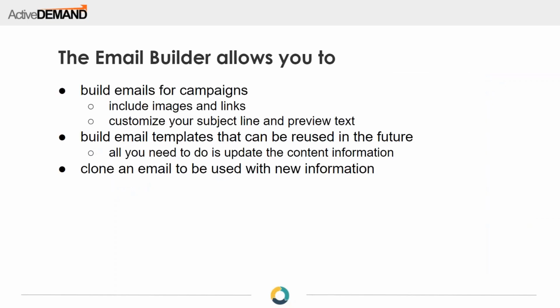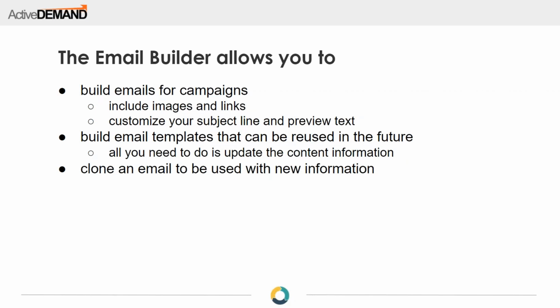Your email builder will allow you to do quite a number of things actually. It's going to allow you to create emails for campaigns. You can add images and links to the email itself, and you can customize the subject line for the emails as well, which is very important because it's all about messaging and getting the attention of your prospects.